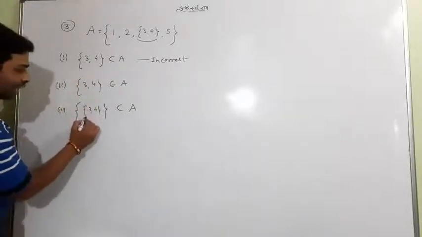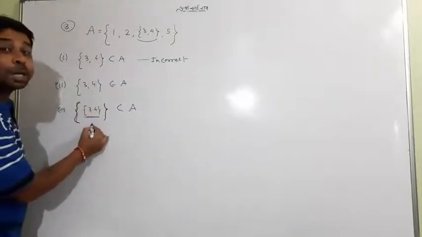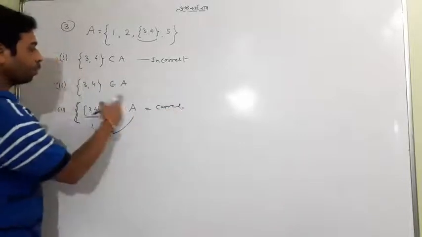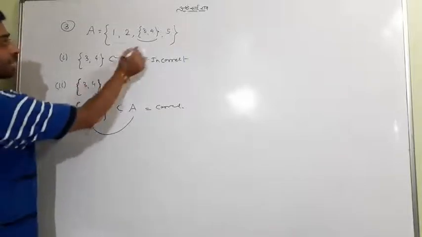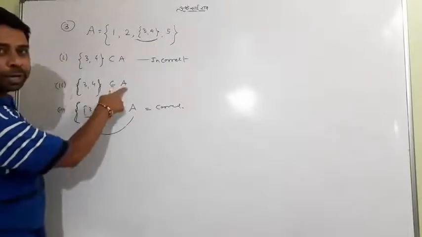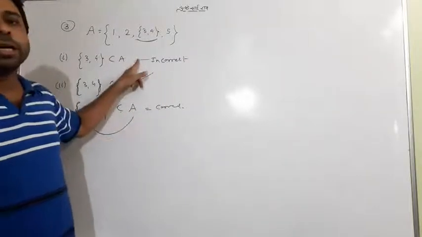This is a set, so it is called a subset of A, and it is correct. What about that one? This {3, 4} with this particular sign is already an element, so element meaning belongs to A is a correct sentence. Meaning these two are correct sentences, but the other is an incorrect sentence.